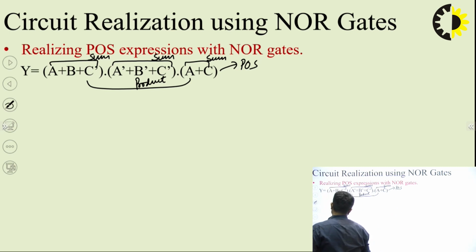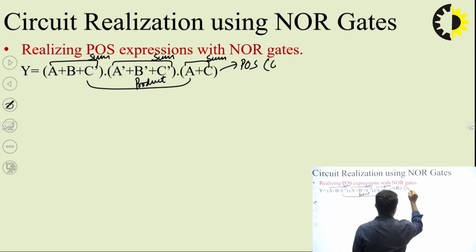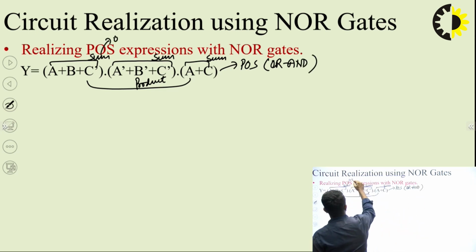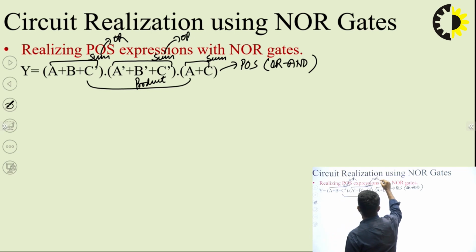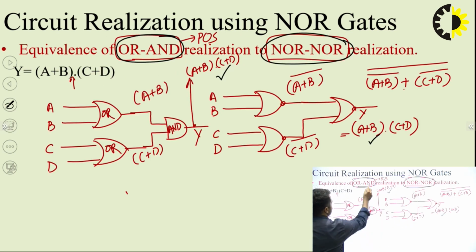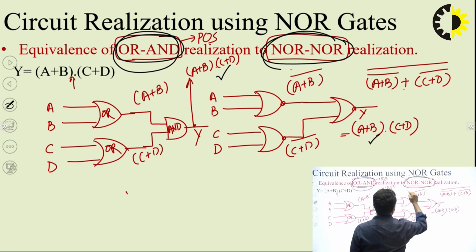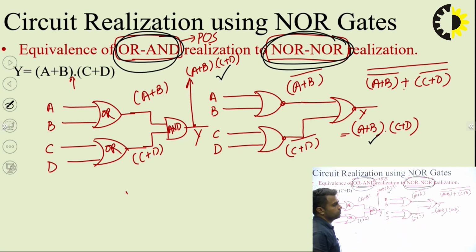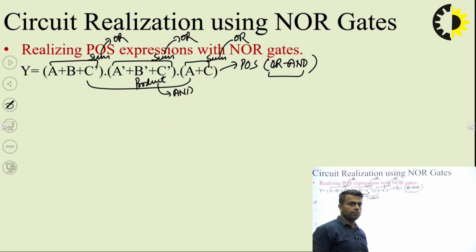So this POS can be easily realized using NOR, as we have POS, or we can say this POS is also equivalent to OR-AND, because all these sums, this sum is OR, this sum is also OR, it is also OR, and this product is AND. So this becomes OR-AND, and in the previous slide we have seen that this OR-AND is equivalent to NOR. That means OR will be replaced by NOR and AND will also be replaced by NOR.